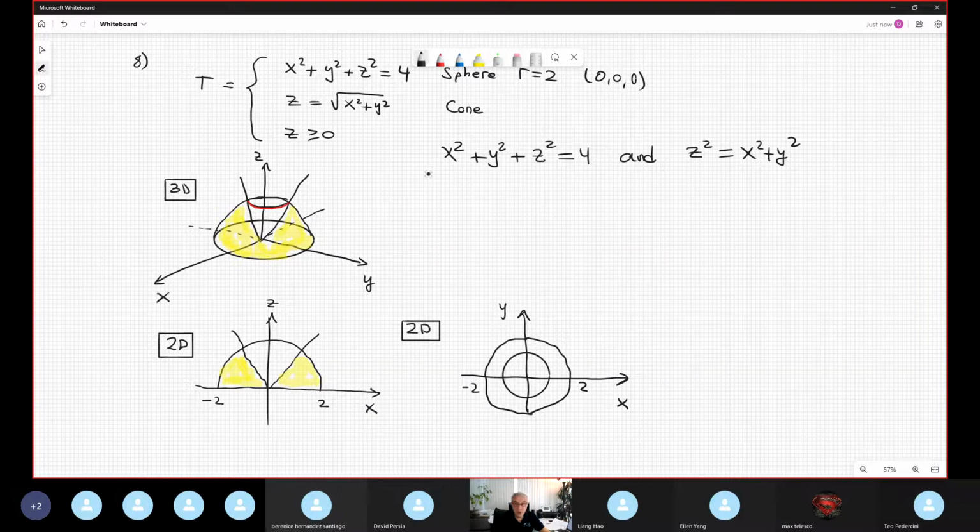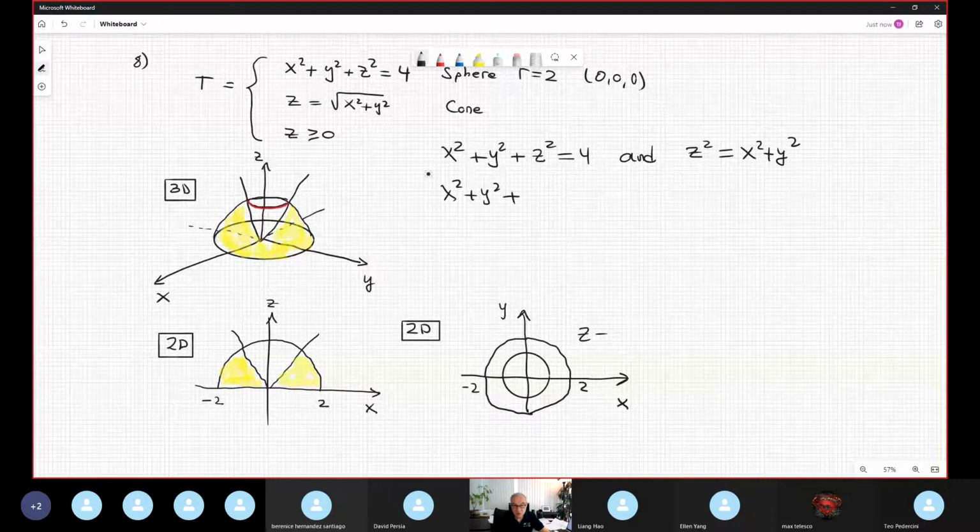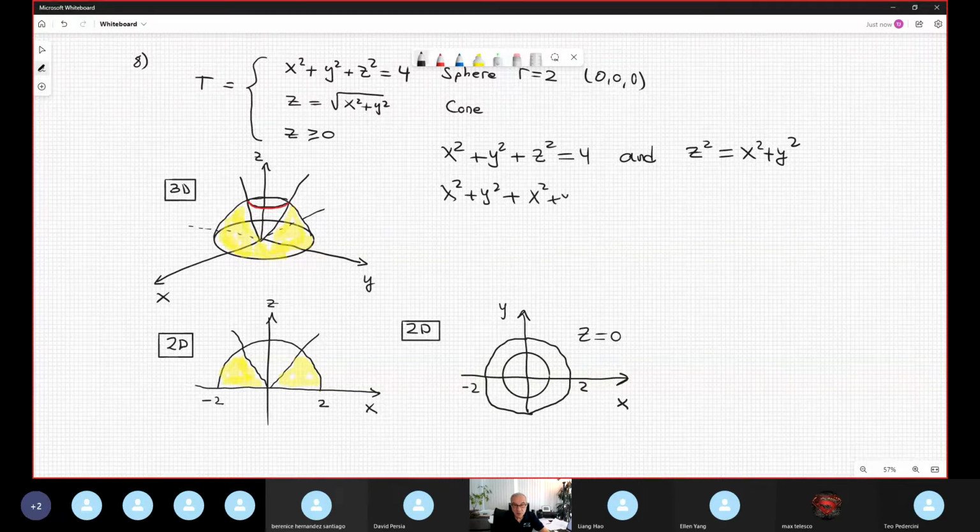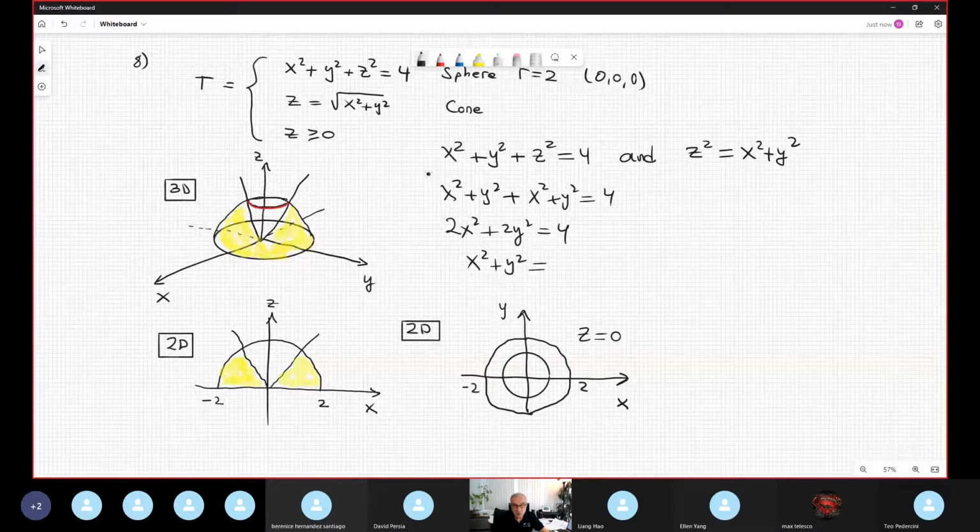There are too many ways to do that. Well, okay. One way is substitution. I copy x squared plus y squared plus no c anymore, because in this view c is 0. Okay, so it's x squared plus y squared equals 4. 2x squared plus 2y squared equals 4, divided by 2, x squared plus y squared equals 2.